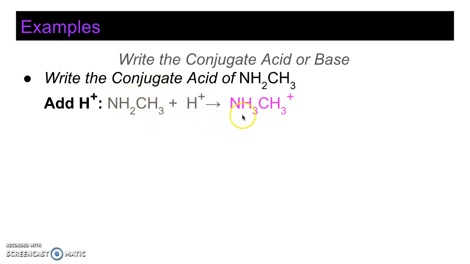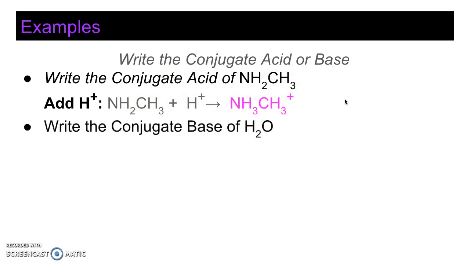Do not touch this. So it goes from H2 to H3. So we get NH3CH3, and since we gained a positive charge from the H+, it's going to be NH3CH3+. So don't forget the plus charge. Remember that in any reaction, number of atoms and charges should balance. So if you have a plus charge on this side, you should have a plus charge on that side.